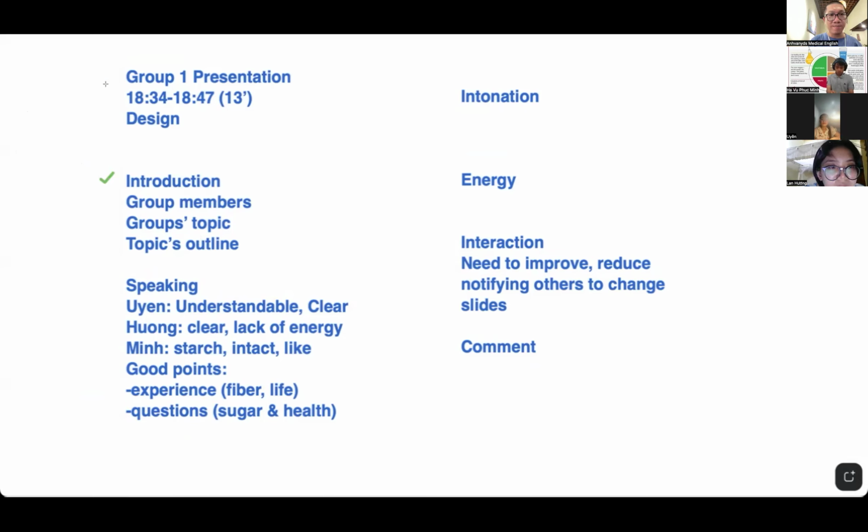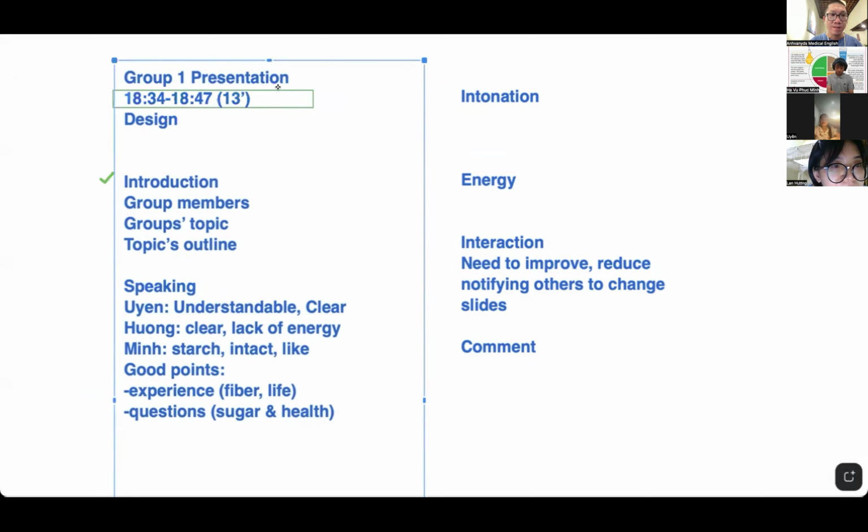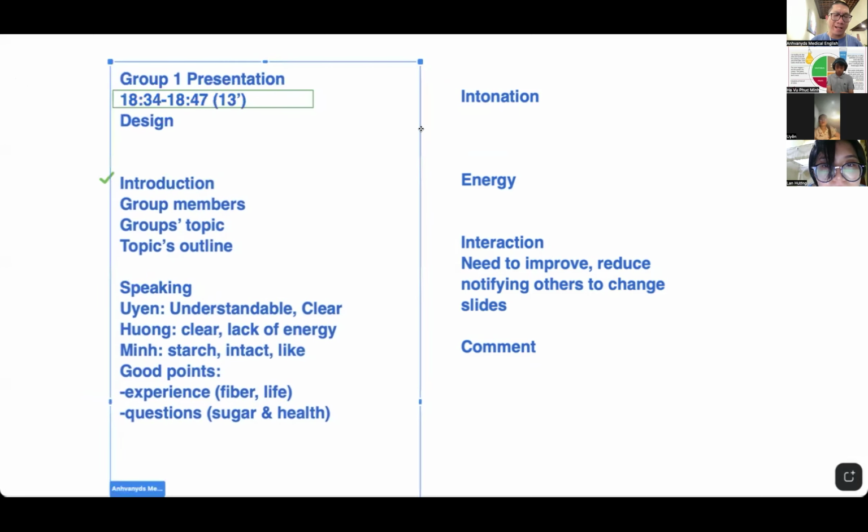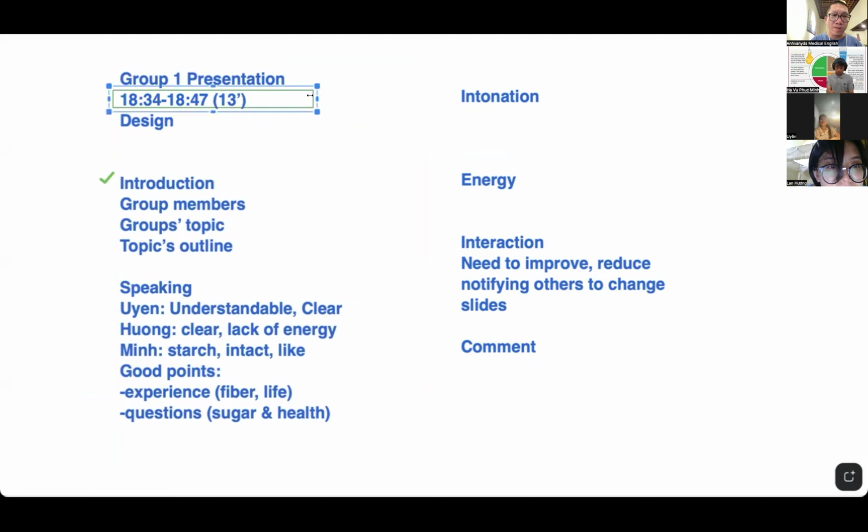Firstly, you had 13 minutes for your presentation, which is a little bit longer than the 10 minutes that I want you to do. We just need 10 minutes to introduce. It's not too bad, but you should improve the timing of your presentation for a short topic.